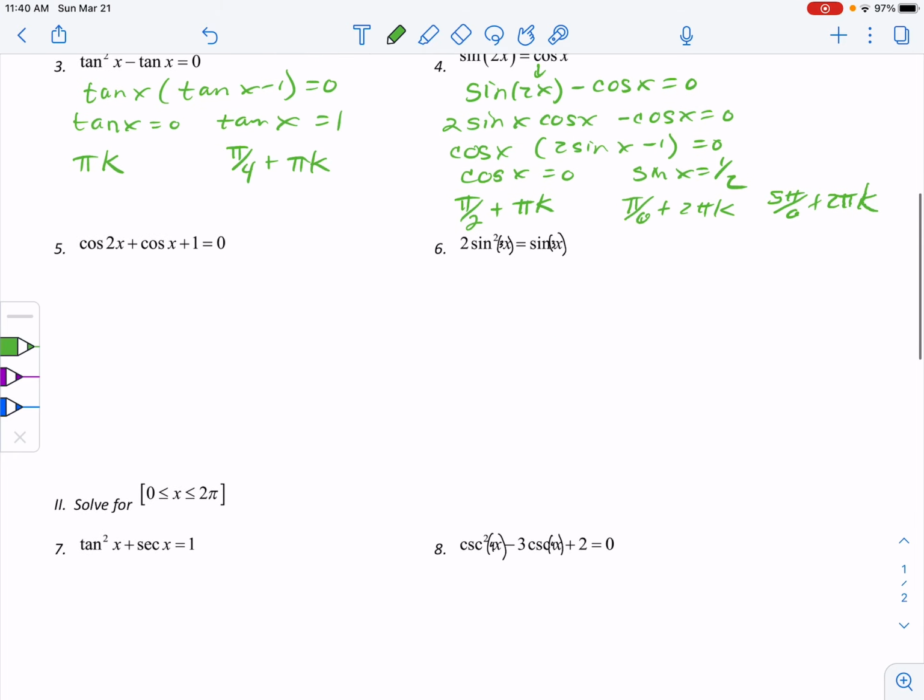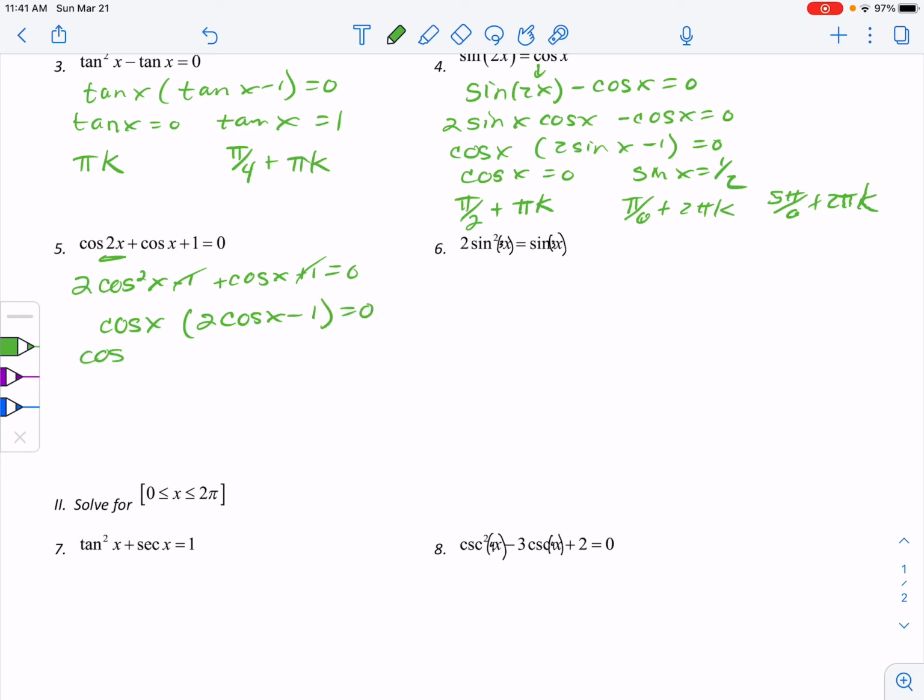All right, now this is another double angle. I have to use a double angle identity. On this one, there's lots to choose from, but I chose 2 cosine squared x minus 1 plus cosine x plus 1. These guys go away. So I pull out a cosine x, and I'm left with 2 cosine x minus 1.